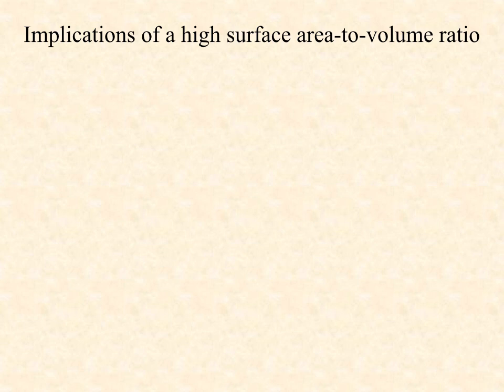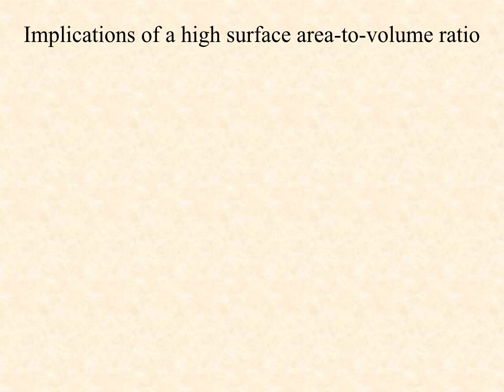Let's think about that. The smaller you are, the more surface area you have relative to your volume. Your volume is where nutrients are consumed and where wastes are produced. Your surface area is where they are exchanged. When you have a smaller volume relative to a larger surface area, you can more rapidly bring in new nutrients and excrete old wastes.